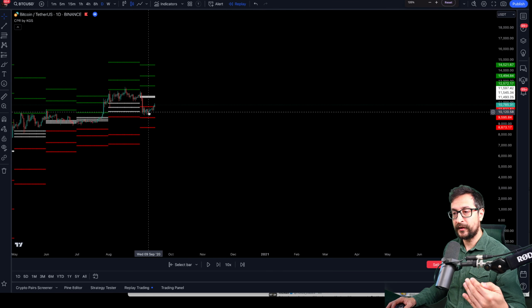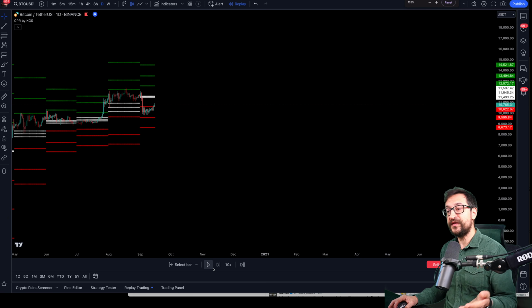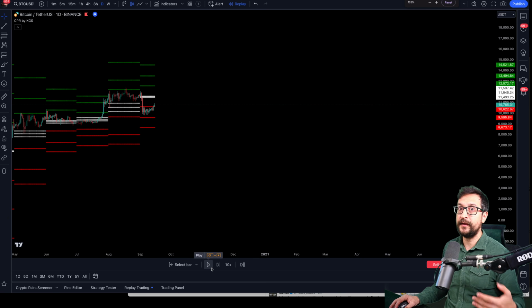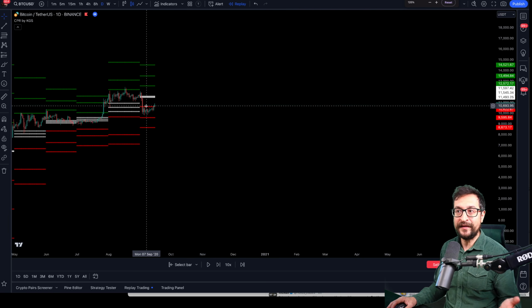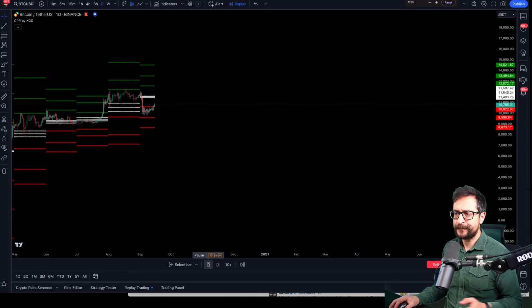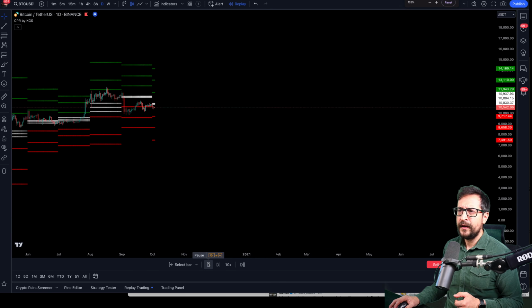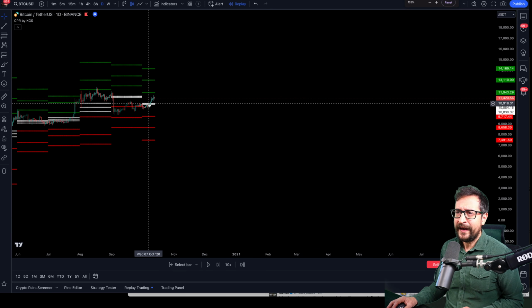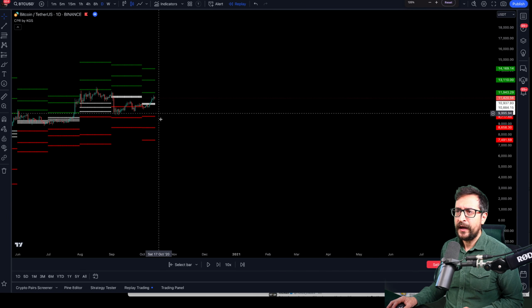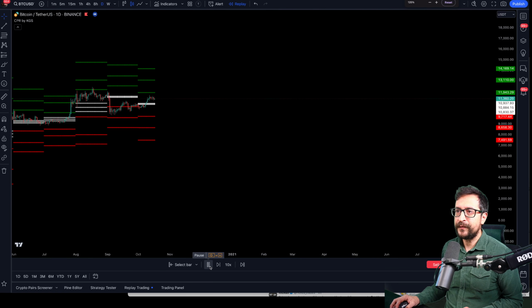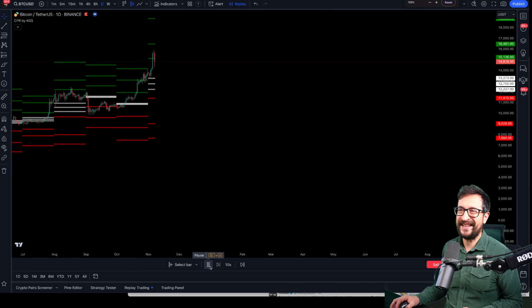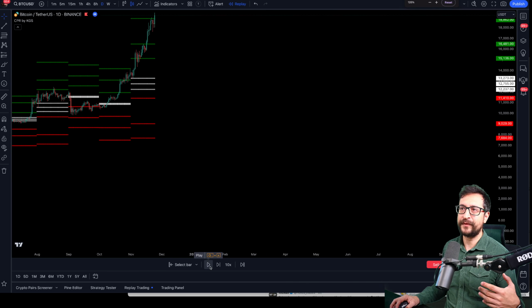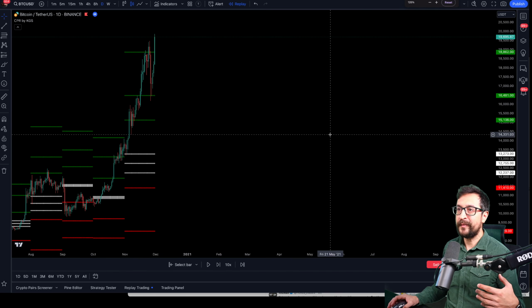We get this correction in September and we know seasonality, October says things could improve, particularly if September is in the red. We can see now that the price is holding there and here we cross the pivots and we are going straight up to the first resistance and here's the most bullish months of the previous bull market.